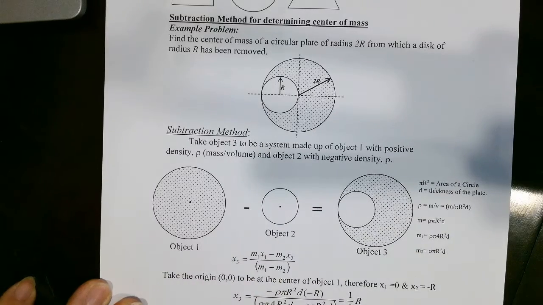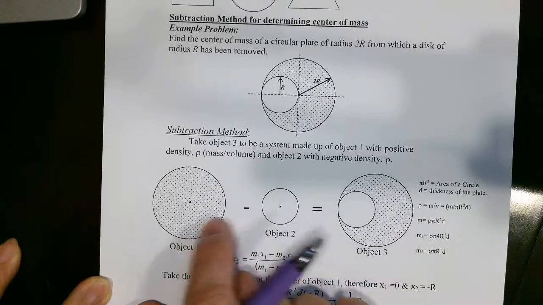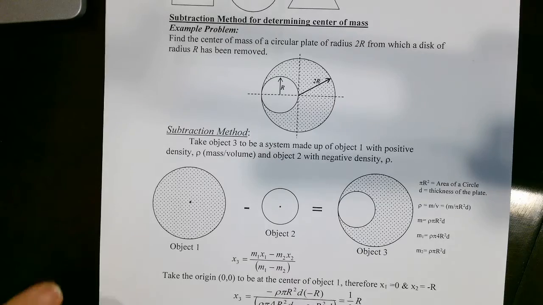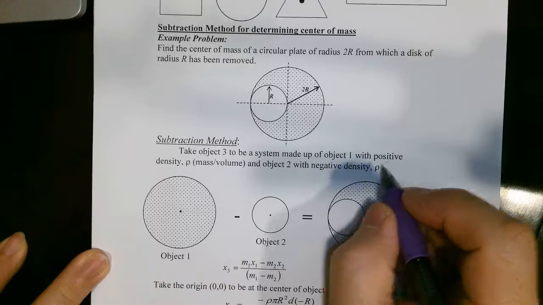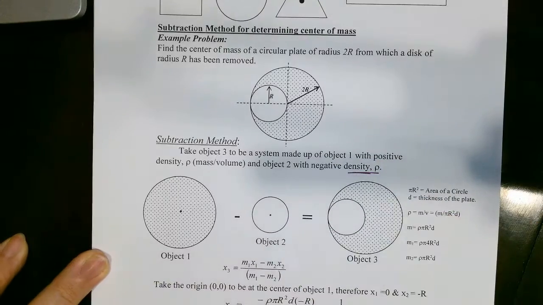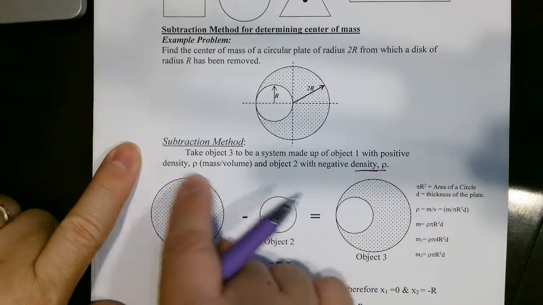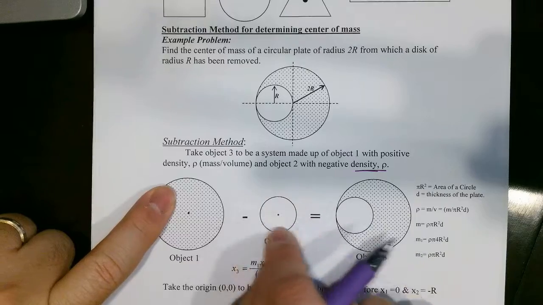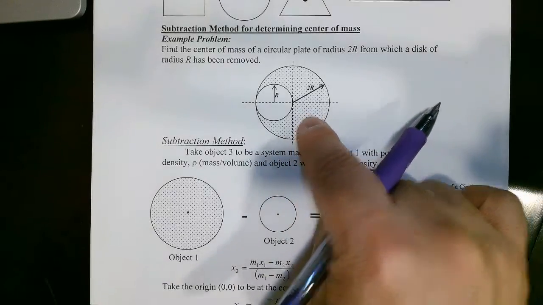You take this and subtract them and you get exactly the same thing. You have to assume that it is uniform density. So with a positive density rho, minus the negative density, you're going to get that exact same cutout of the plate.